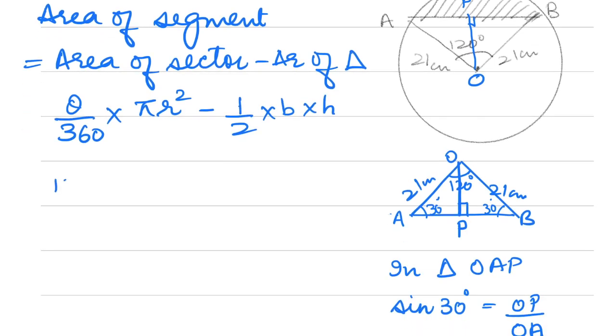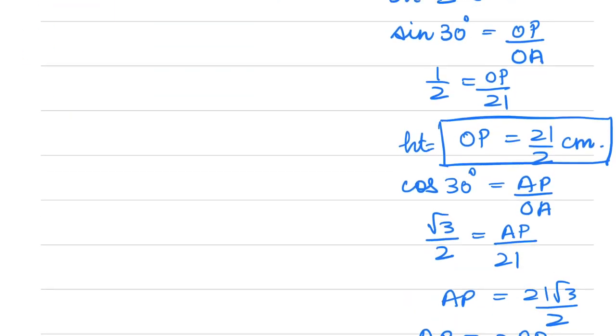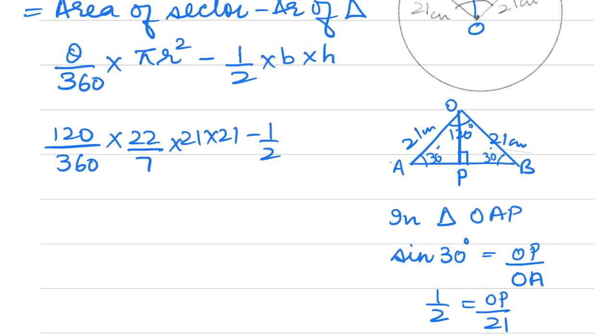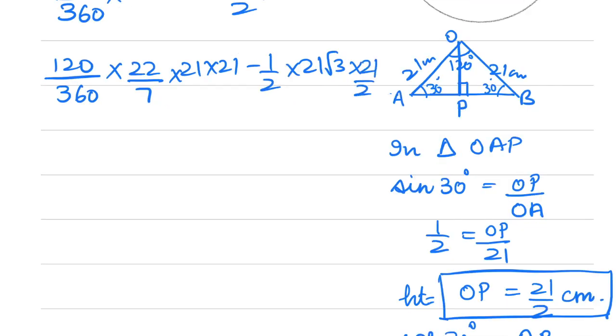Now theta is 120 degree by 360 into 22 by 7 into 21 into 21 minus half, and base we got as 21 root 3 and height we got as 21 by 2. Now this 1 time and 3 times, 7 and 3 times, 3 gets cancelled.